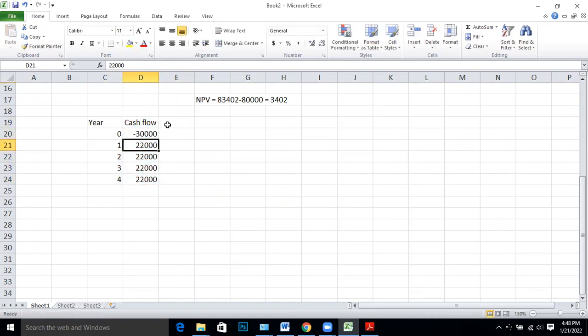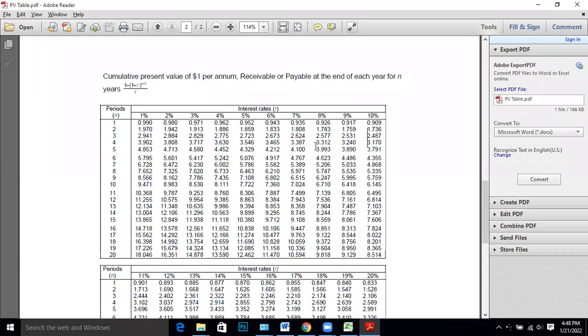Let's say this is 10,000 each year, and let's say 12% is the discounting factor. Shall we write NPV at once? NPV has to be this 10,000, that's the annual cash flow, multiplied by the 12%, 4 years cumulative factor.